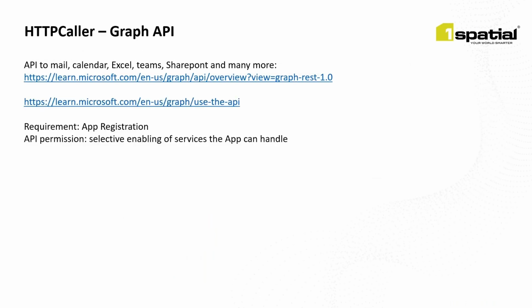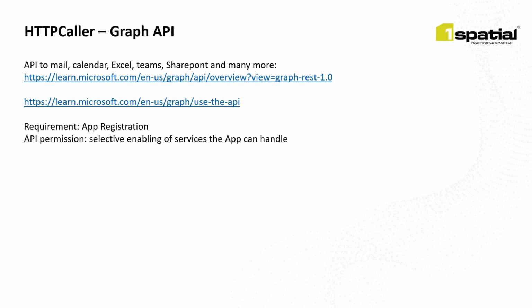So after setting up the OAuth and the web service, now you can use the OneDrive connector. But the Graph API provides a lot more services: mail, calendar, Excel.